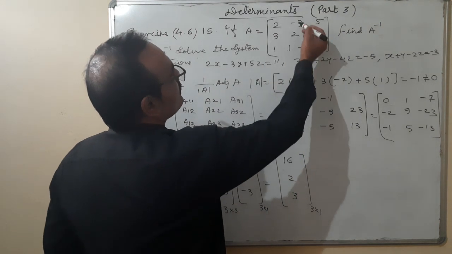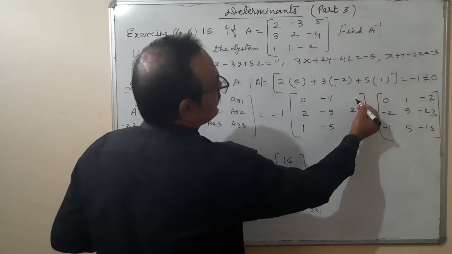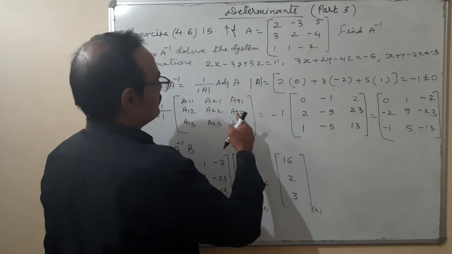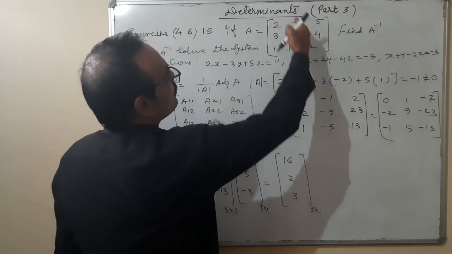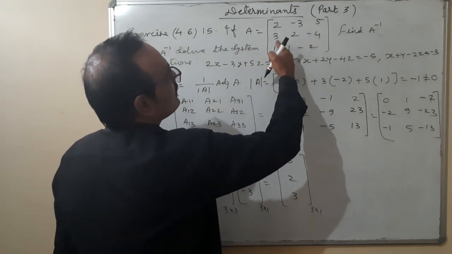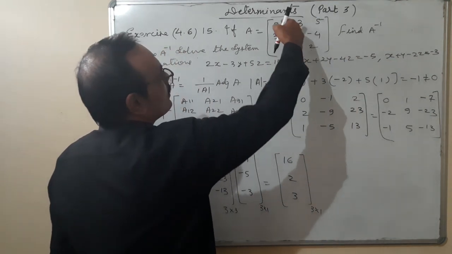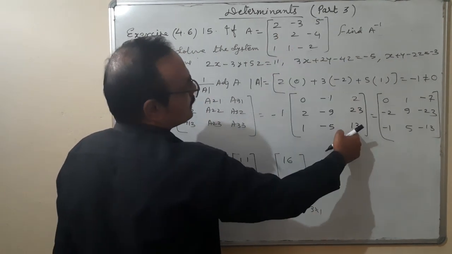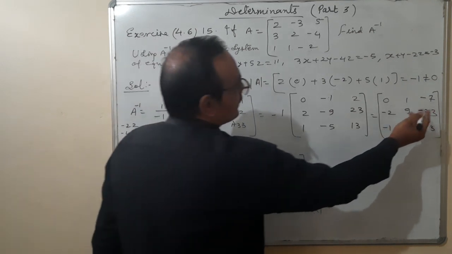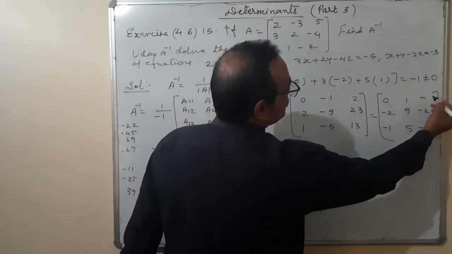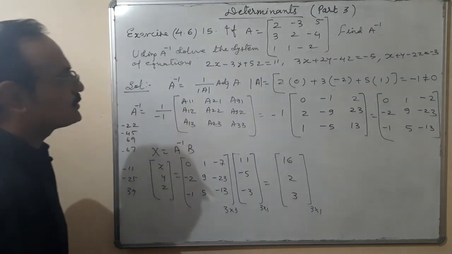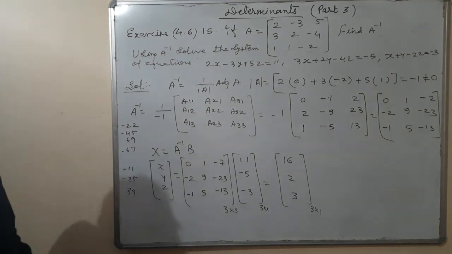It is 2 here. Now third row, second column, minus 8, minus 15, minus 23, that means plus 23. And third row, third column, 4, plus 9, 13. So that means here is minus 2. And if it comes minus 2, then what happens?